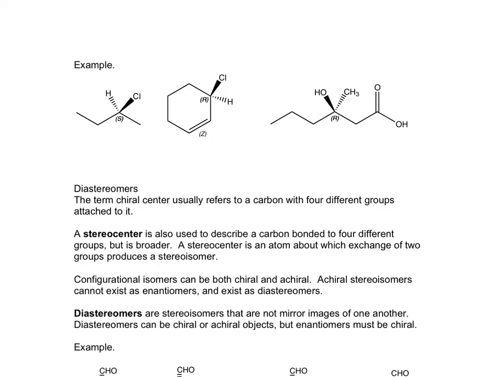And so here are a couple of examples where I have the configurations of the chiral carbons already drawn in. And you can see, if we rank substituents, the hydrogen is lowest priority, the chlorine is the highest priority. Now we have two alkyl groups here.